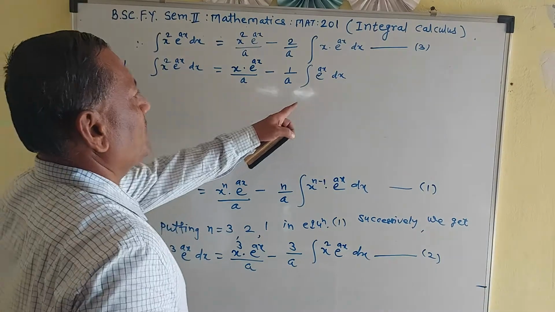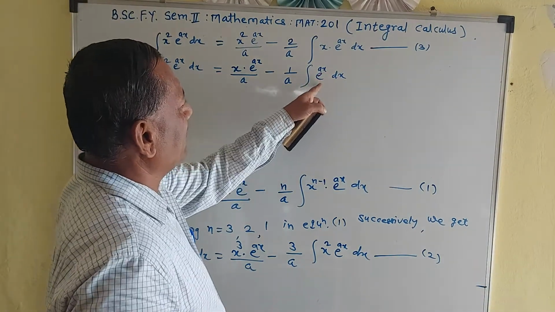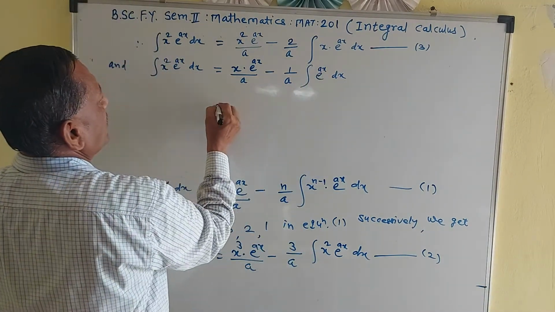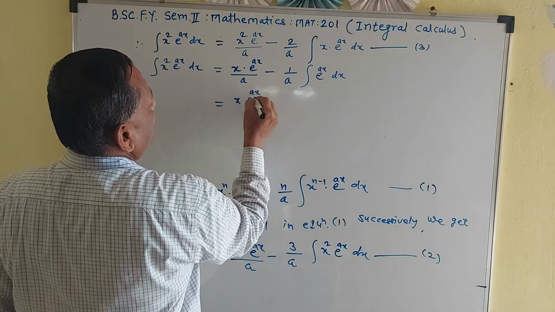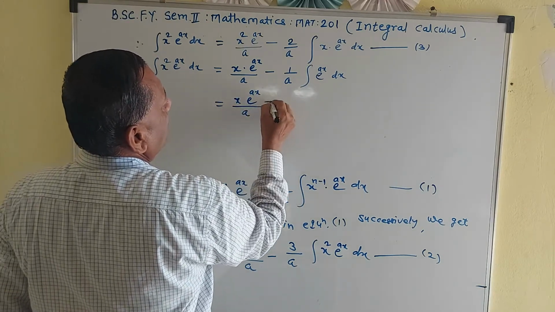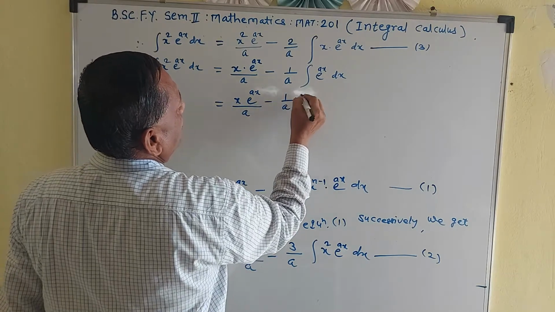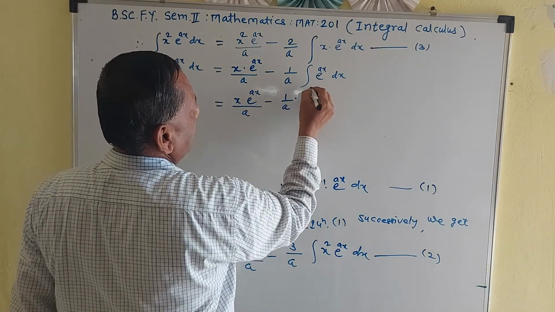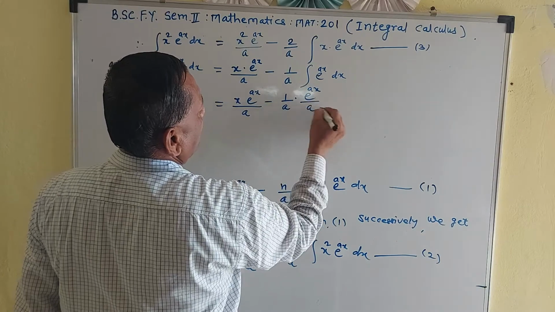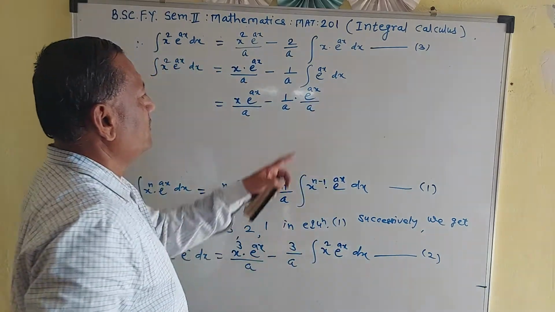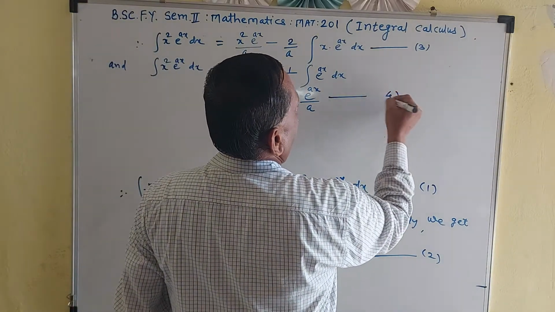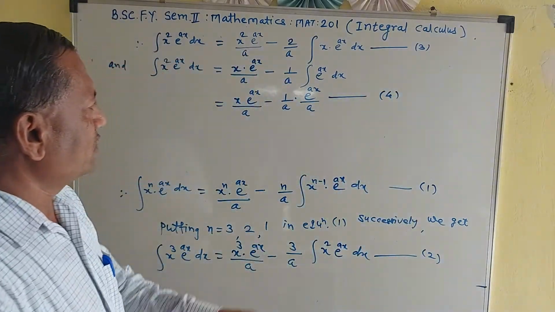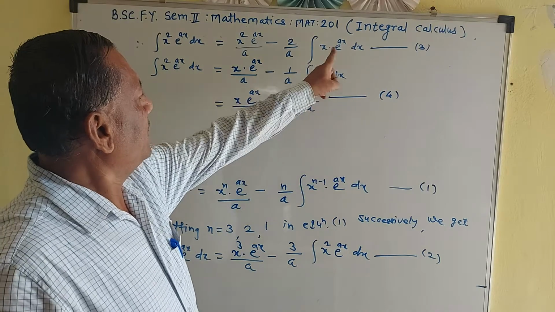And you know the integration of e^(ax) is e^(ax)/a. So it is equal to x e^(ax)/a minus (1/a) times e^(ax)/a, and 1/a into a means a². This is equation 4.